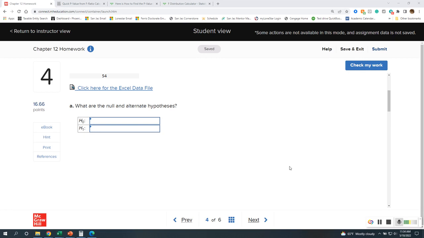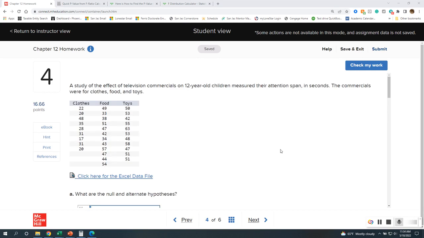Okay, sometimes I forget that I'm not recording both monitors, but it's okay. We're going to go ahead and knock out the Excel.